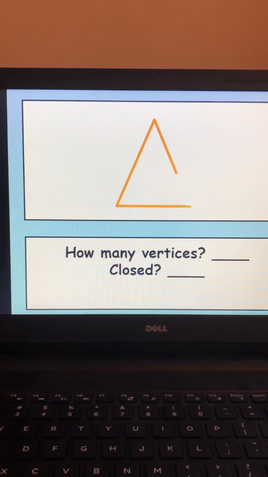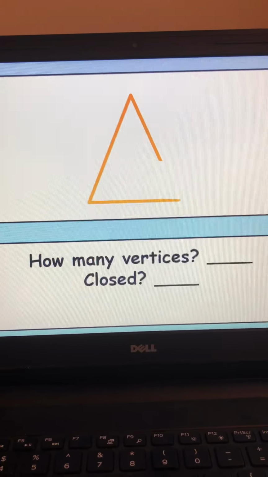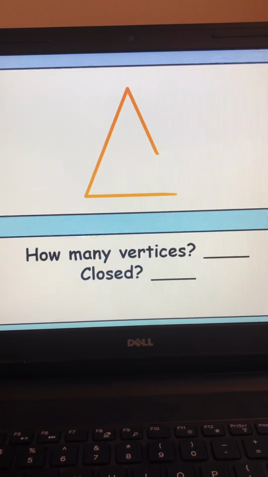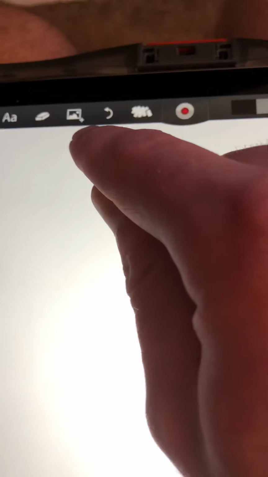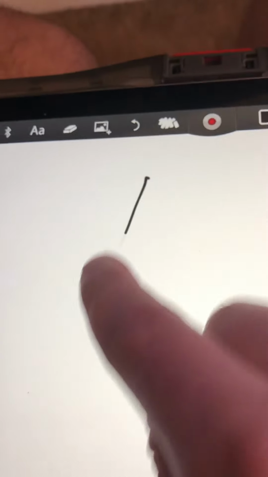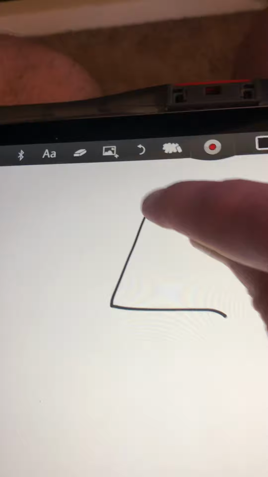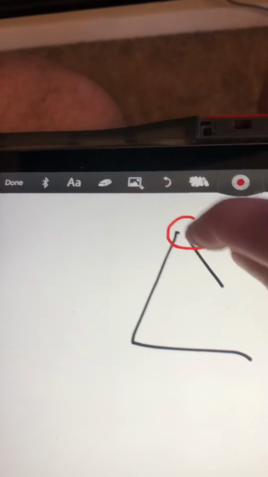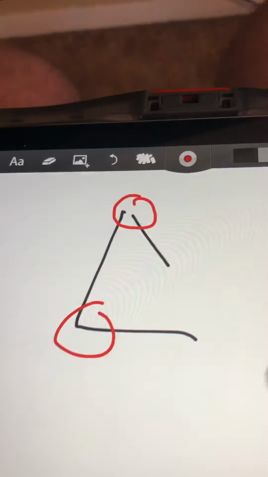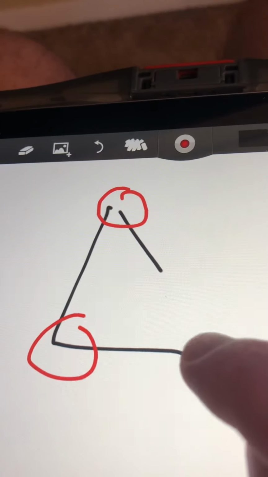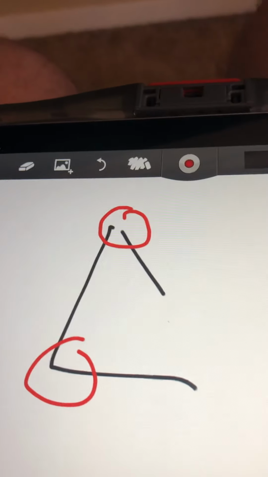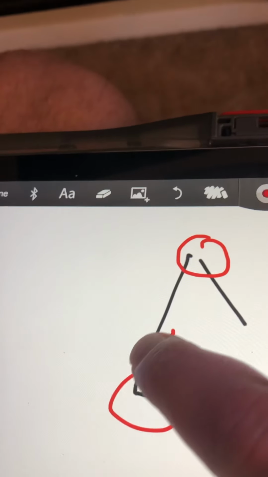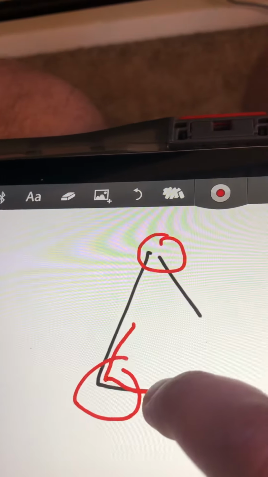And now let's look at this over here. How many vertices? Well, you can see that there's 1, 2. Here's where it gets a little tricky. These are actually not vertices. These are not corners. In order to be a corner, notice how you have this one going this way and that one going that way.